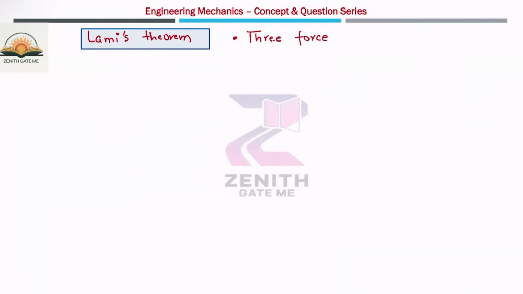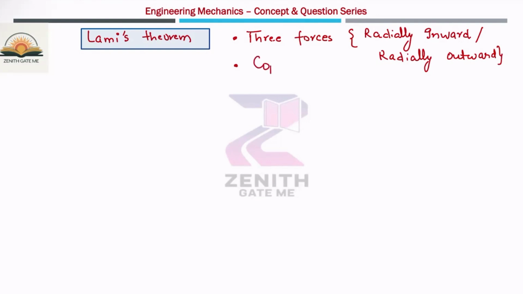It may be a radially inward force and a radially outward force. The second condition for Lami's theorem is that these forces should be coplanar. What do you mean by coplanar?